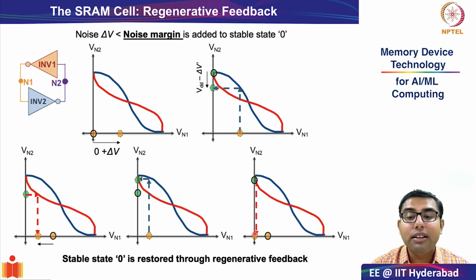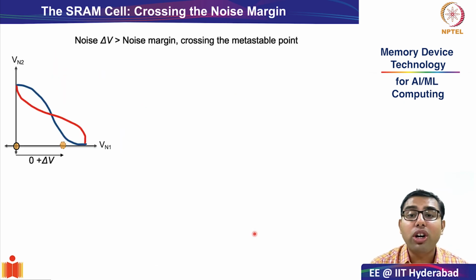So I hope this gives you a very strong feeling for why the SRAM cell has this so-called self-healing or regenerative feedback. However, it is very important to note that all this regenerative feedback is not infinite.